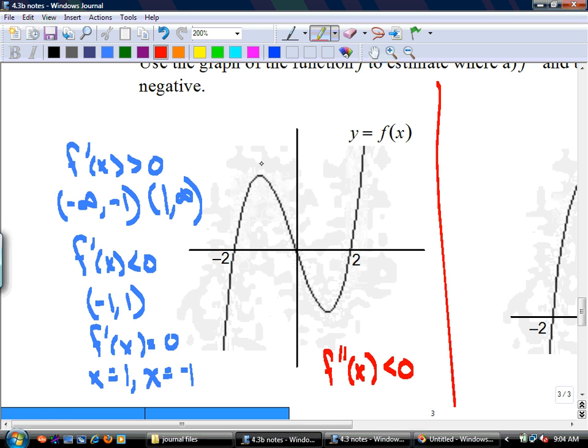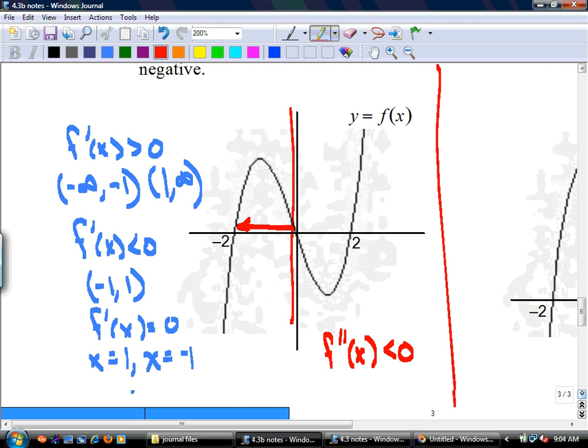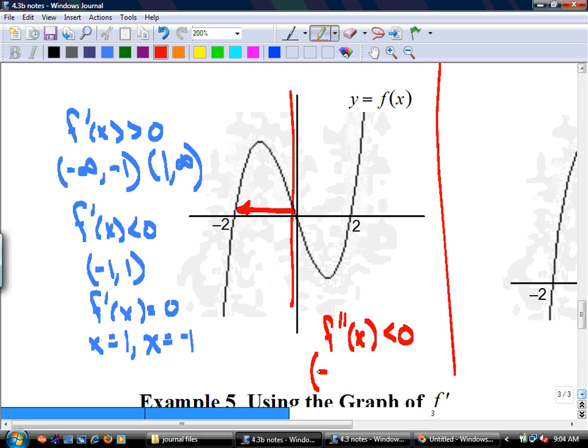Where is it concave down? Left of 0. Where is it concave up? Yeah, 0 to positive infinity. Where's the inflection point?